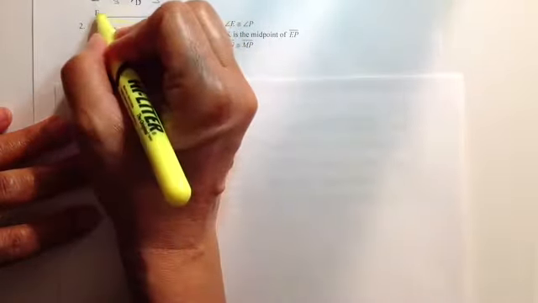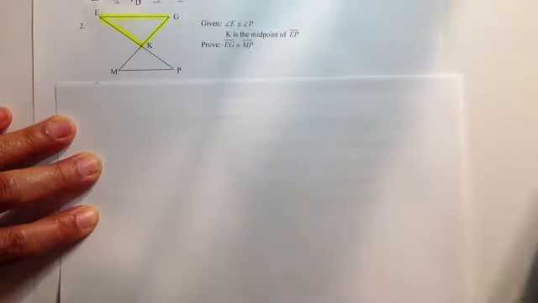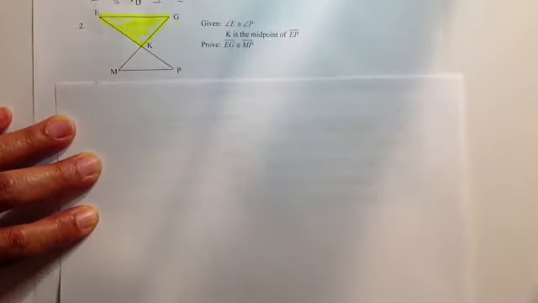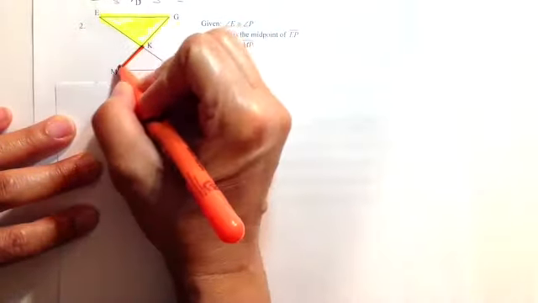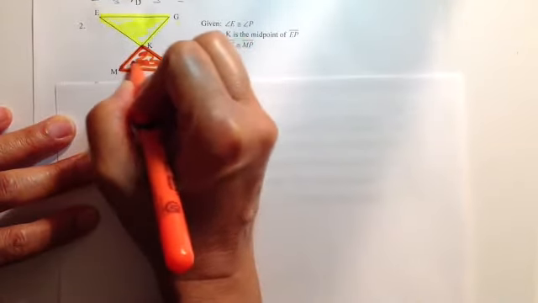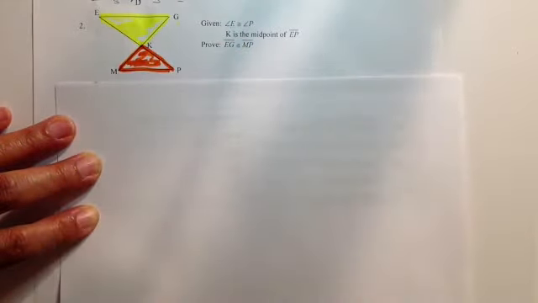And once again, our strategy is going to be that if I can prove that this triangle is congruent to this triangle, then I'll be able to prove that these two sides are congruent.